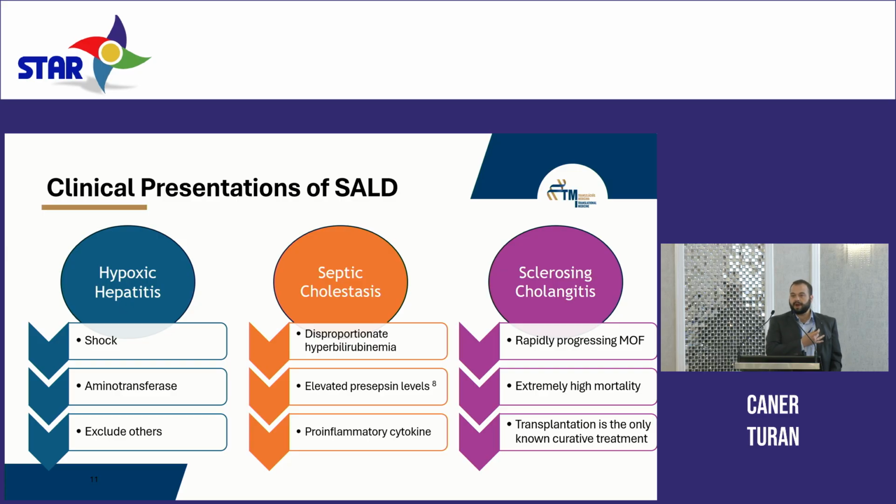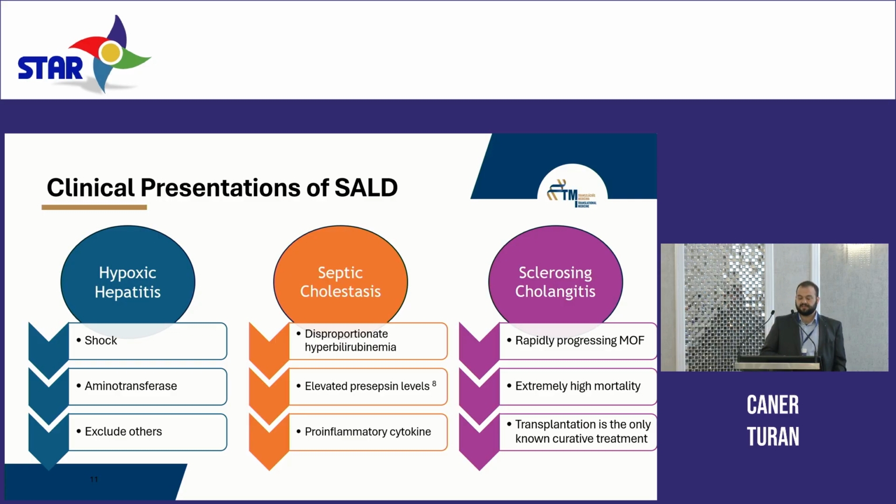So here is what our patients are going to look like. Hypoxic hepatitis patients will present with shock-like symptoms. There will be an unbelievable increase in aminotransferase levels of more than 20 times the normal range, and we can diagnose hypoxic hepatitis only after we exclude the other causes of liver disease.